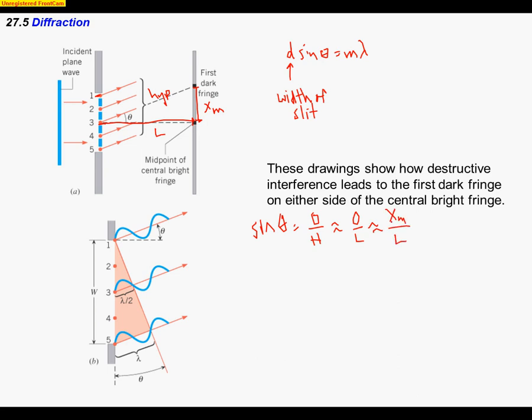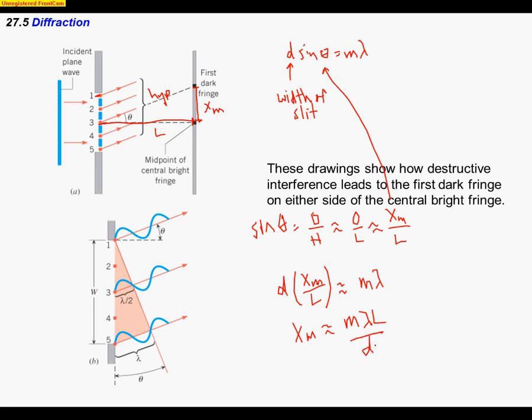So xm over L is approximately equal to sine theta. So we can plug that in for sine theta, and we get the same thing that we had before. We have d times xm over L is approximately equal to m times lambda. And if we rearrange that, xm is approximately equal to m times lambda times L over d.